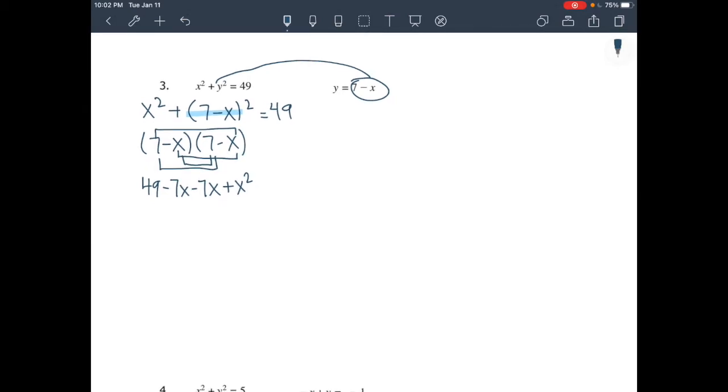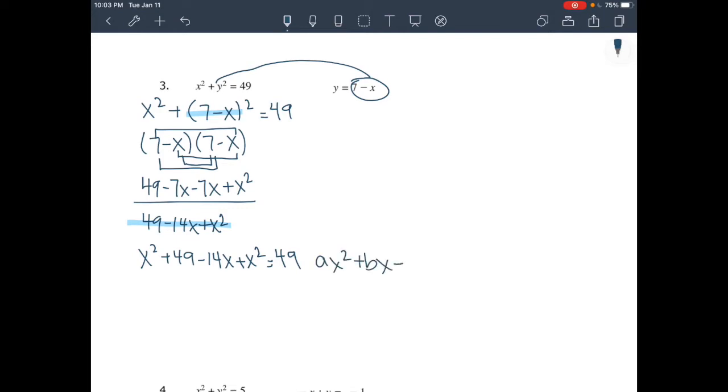So then I want to simplify this right here. So 49 minus 14x plus x squared is going to be the blue part replaced. So now I've got x squared plus 49 minus 14x plus x squared equals 49 from above. So then the next step of the process is to turn it into standard form, so ax squared plus bx plus c.